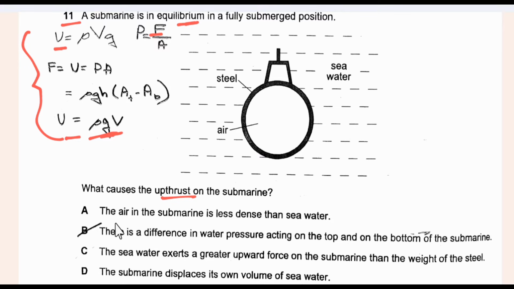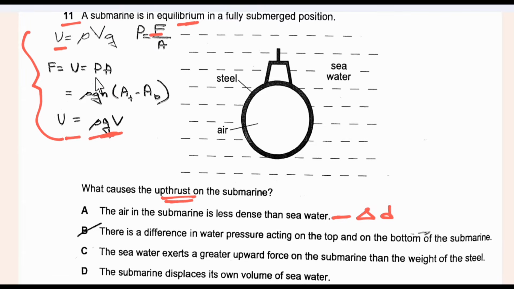Then in the options, what causes the upthrust? The air in the submarine is less dense than the seawater. This is not causing the upthrust, it is just a difference in density. Then, there is a difference in water pressure acting on the top and on the bottom of the submarine. As we can see, this difference in pressure acts on an area.